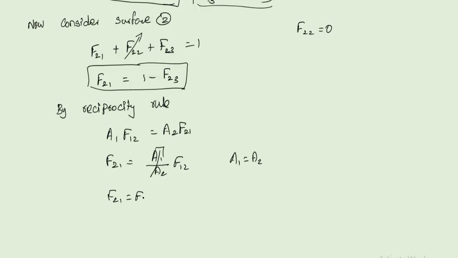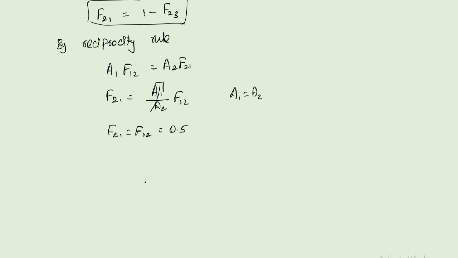The F12 value we have already found, that is 0.5. Now I am going to substitute this value here, right? So if we substitute F21 equal to 0.5 in F21 equal to 1 minus F23, since it is equal to 0.5, then F23 also becomes 0.5.